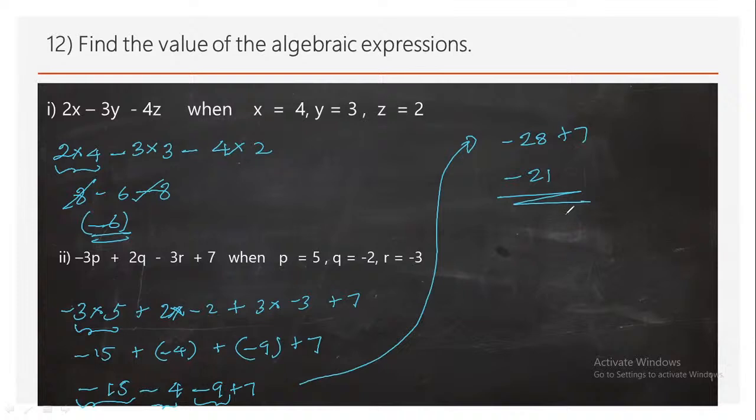Different signs, you have to take the difference here, then put the sign of the largest numerical value. According to numerical value, this is 28. So from 28 subtract 7, that is 21. This one contains minus, so minus 21 is the answer here.